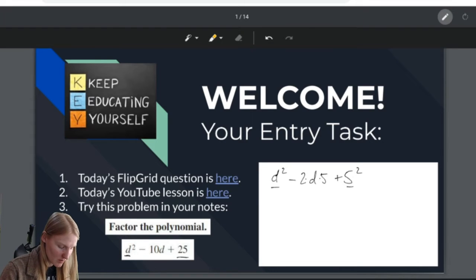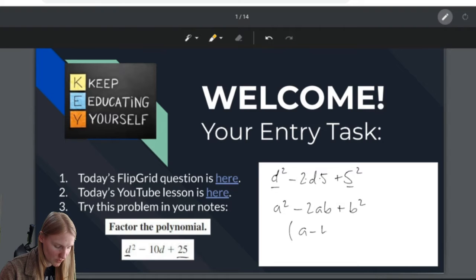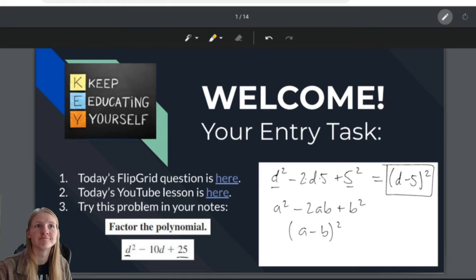So, what I'm noticing is that this is in the form a squared minus 2ab plus b squared, which means I have a minus b squared, so this must equal d minus 5 squared. There you go.